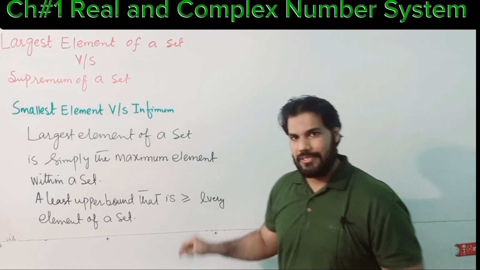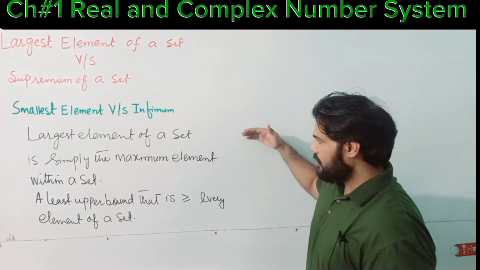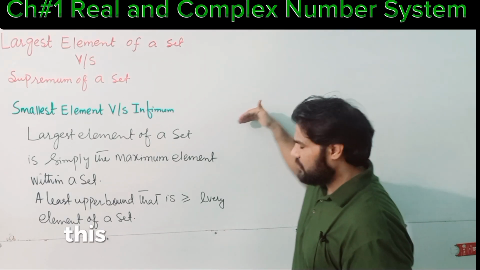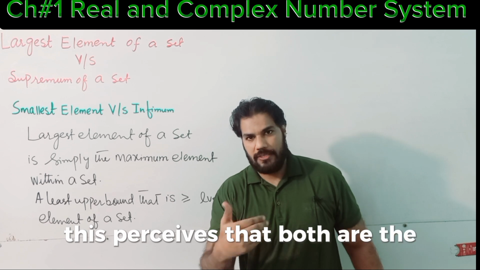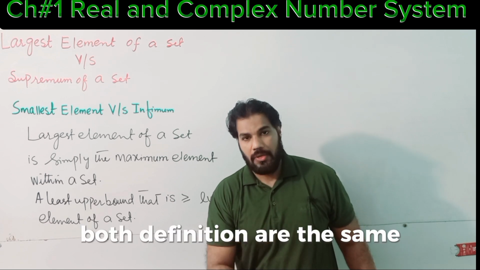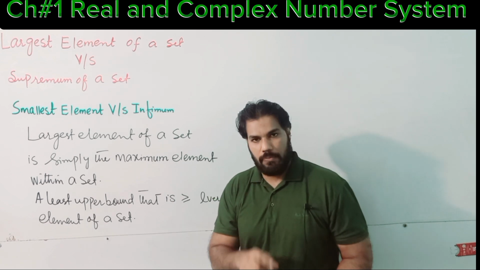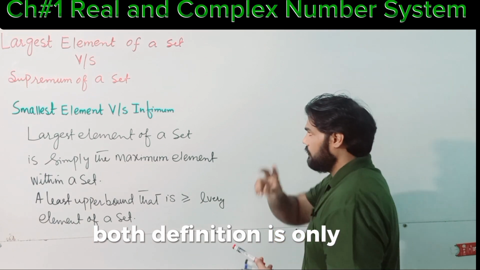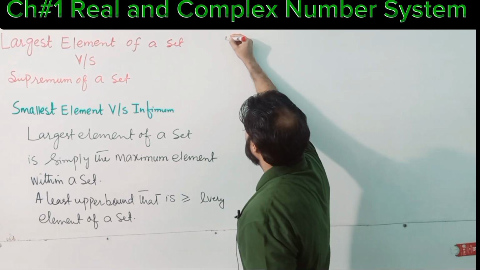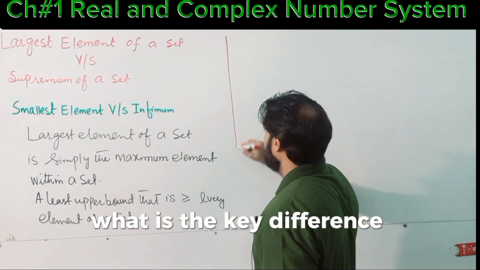So, in the sense of greater than or equal, this suggests that both definitions are the same. But the key difference between both definitions is only one. What is the key difference?